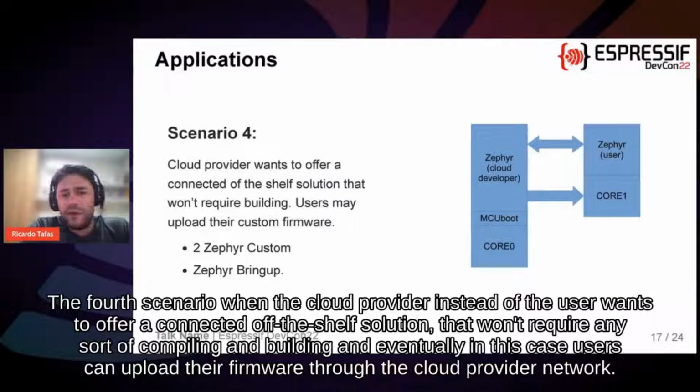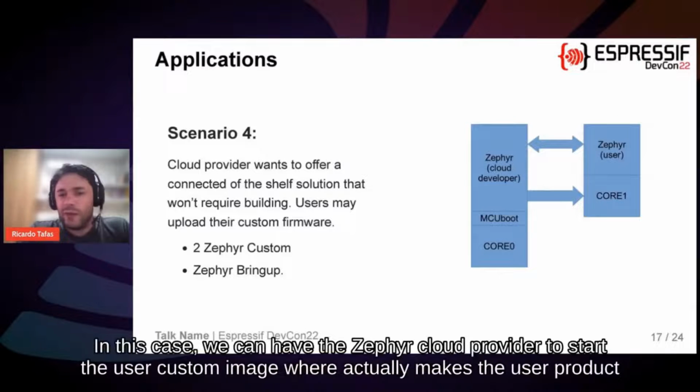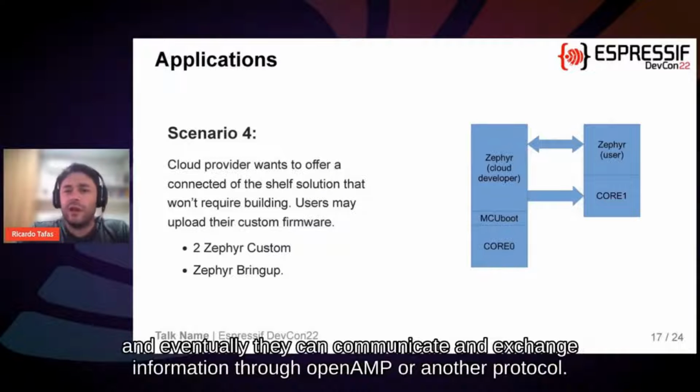And eventually, in this case, users can upload their firmware through the cloud provider network. So in this case, we can have the Zephyr cloud provider image start the user's custom image, which actually makes the user product. And eventually they can communicate and exchange information through OpenAMP or another protocol.